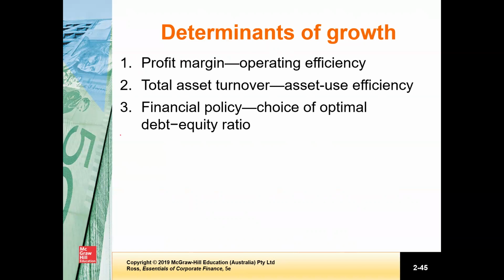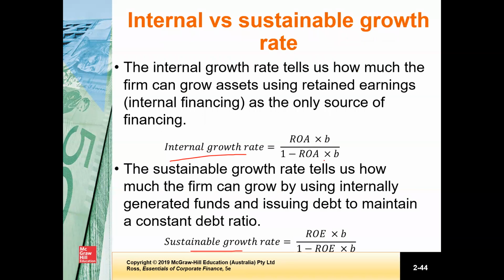We have already seen that ROE depends on profit margin, asset turnover, as well as financial policy. If we examine our expression of sustainable growth, we can see that ROE is there. So anything that increases ROE will increase the sustainable growth rate. Am I right?